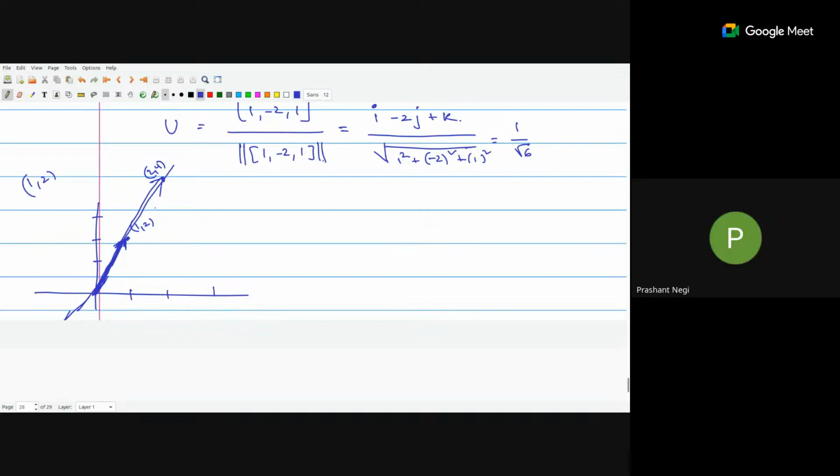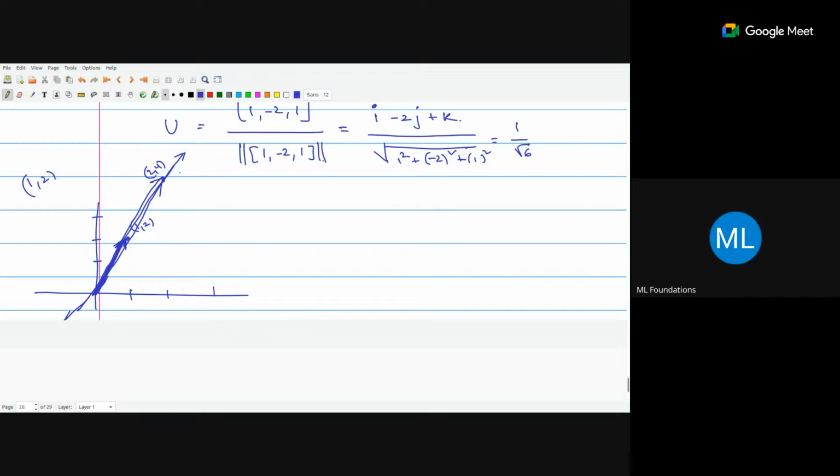Agreed? Yes, sir. And there is 3 comma 6. So if I draw the vector 3 comma 6, it will also go in the same direction in which the 1 comma 2 vector is. But the magnitude is different.